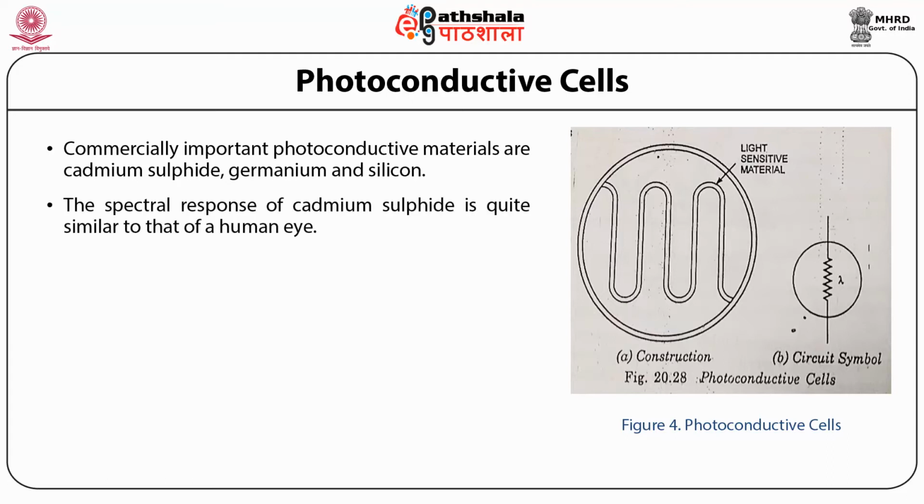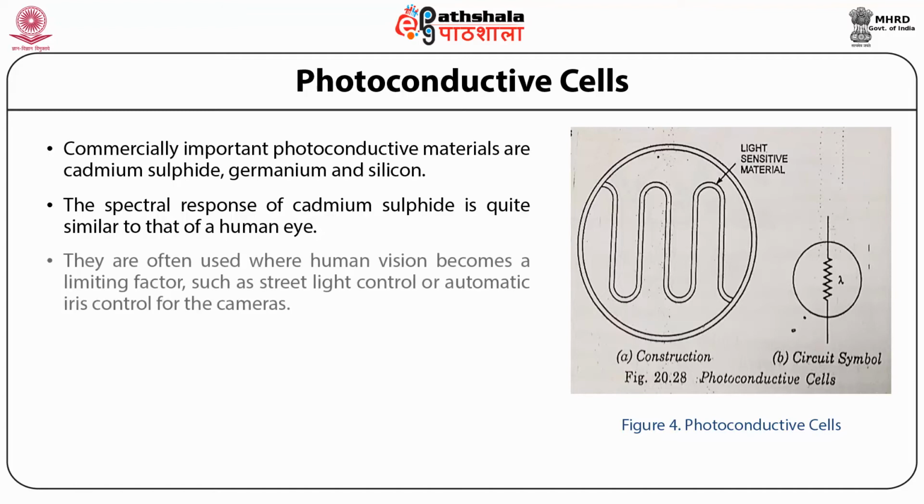The spectral response of cadmium sulfide is quite similar to that of the human eye. They are often used where human vision becomes a limiting factor, such as street light control or automatic iris control for cameras.